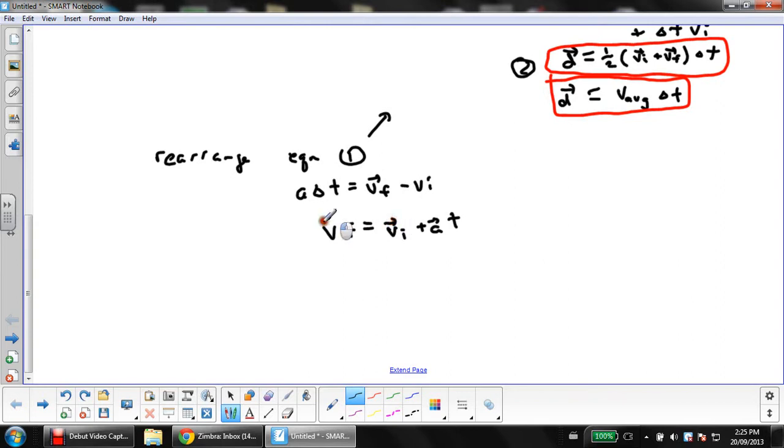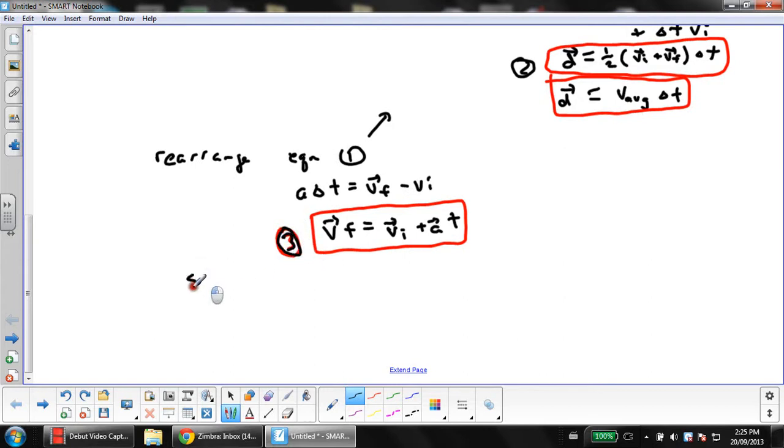That's a nifty little formula. It makes sense if you look at it. The final velocity is equal to the initial velocity plus how much I accelerate by times how long I actually accelerate. The final velocity depends on what I start at, how fast I'm getting faster, and how long I get faster for. I'm going to call this number 3.